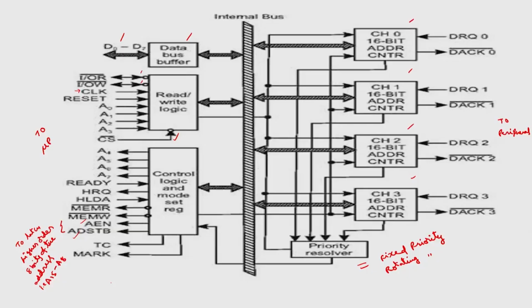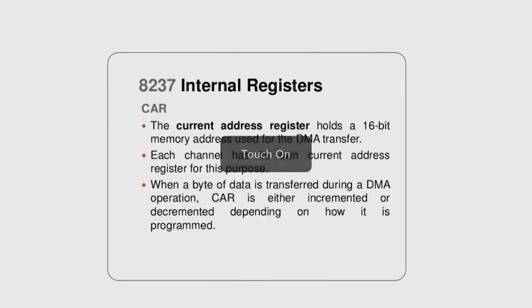This is the internal details of 8237. Coming to the various control words which we use to select the modes of DMA, we have different control words. So the first one is the current address register, as I have told.